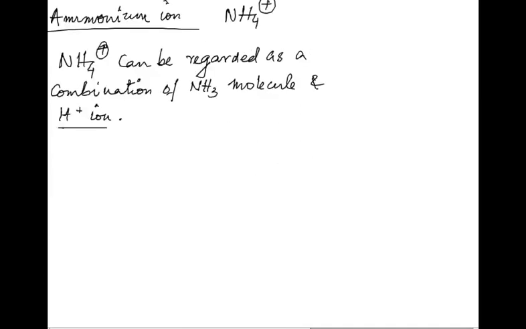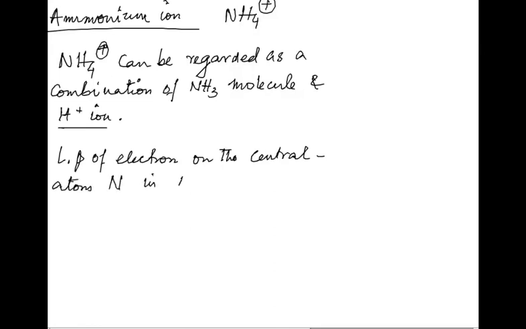Now, there is a lone pair of electrons on the central atom nitrogen in the ammonia molecule.